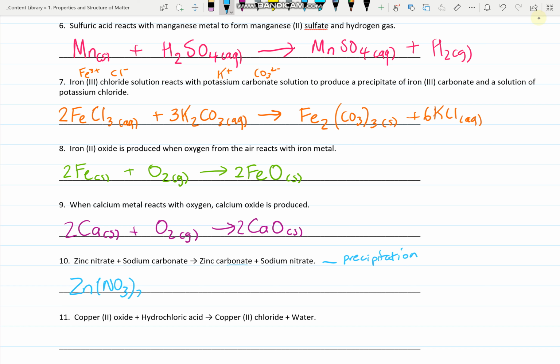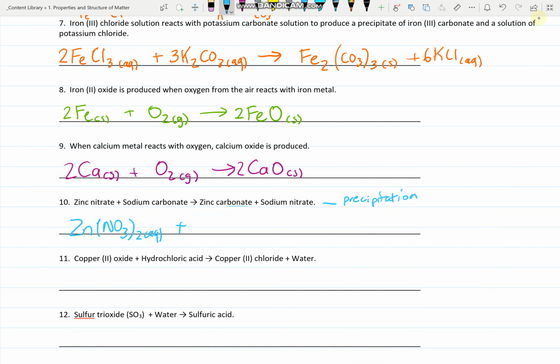Sodium carbonate, aqueous, a group 1 metal, so sodium carbonate is always aqueous. Zinc carbonate doesn't have anything in that list that makes it always soluble, so that's what I'm pointing out.